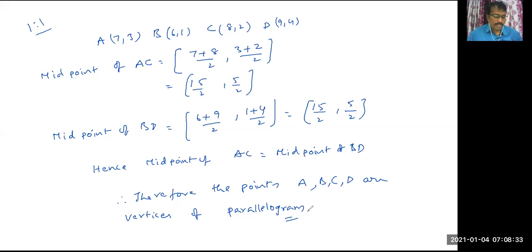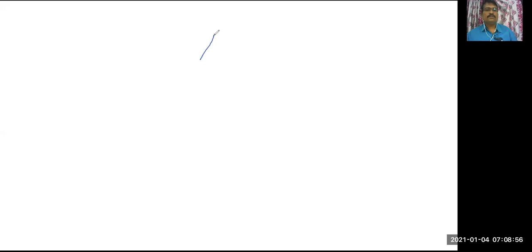Okay. Likewise, taking example 17: if the points A (6,1), B (8,2), C (9,4) and D (9,3) are the vertices of a parallelogram taken in order, find the value of P. As usual, we will discuss briefly since there are 2 minutes left. Here A, B, C, D: AC and BD are diagonals.